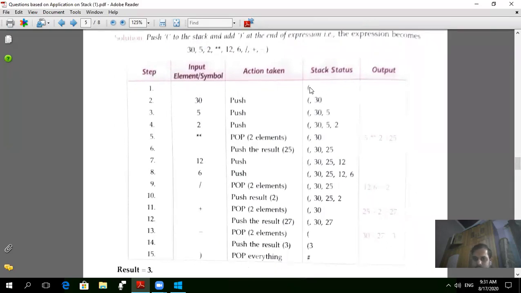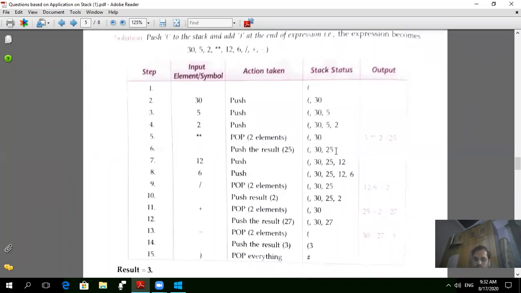Look here, 30 is pushed, 30 will come here, then 5, then 2, so 2 will come here in the stack. The topmost element is 2, then exponent is given, exponent means 5 to the power 2, that means 25, so 25 is the result, and it will be stored in the stack.